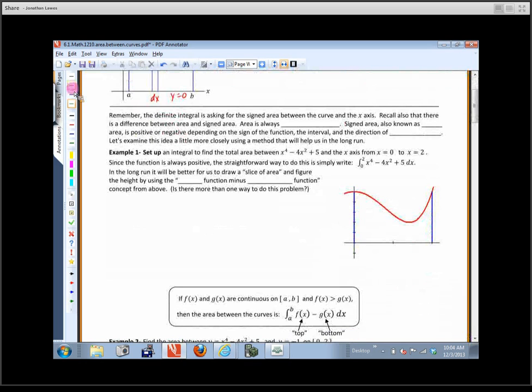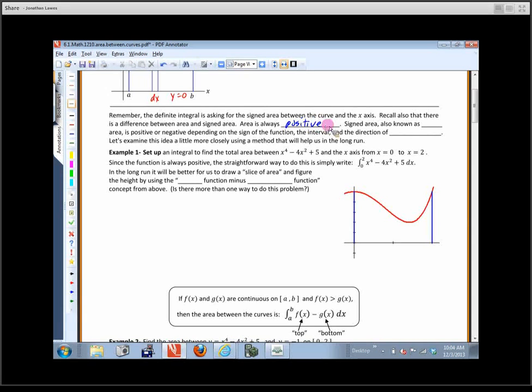So we're going to take a look at this next part, and we'll see if we can fill this in. It says, remember, the definite integral is asking for the signed area between the curve and the x-axis, or between the curve and the horizontal axis. It says, recall that there is a difference between the area and signed area. Okay, area is always positive.